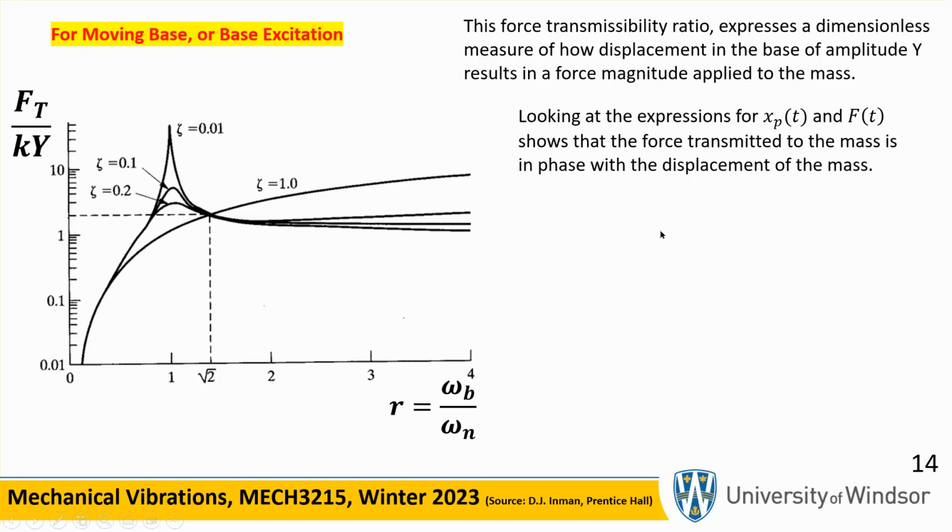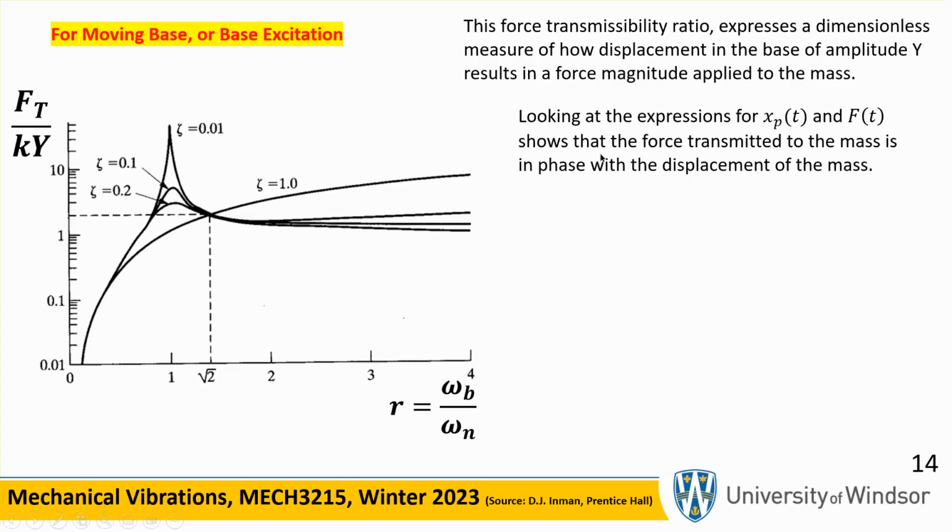Now, one thing that you notice here is that if you look at the expression for xp, I'm not going to back up because it just makes people go dizzy. The expression for xp and the expression for Ft in the previous slide have exactly the same type of thing as the argument of cosine. They're both cosine of omega b, which is the base driving frequency, times t minus theta 1 minus theta 2.